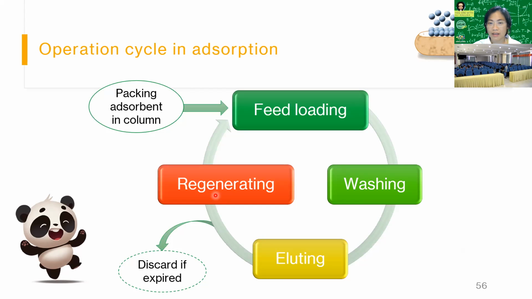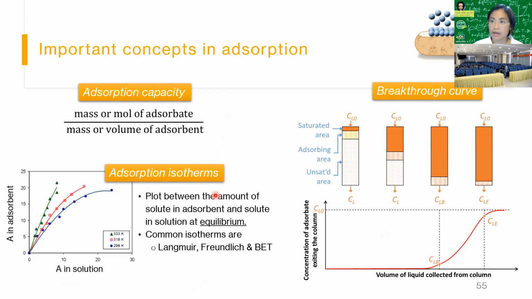throw away your adsorbent. You start throwing away your adsorbent when it doesn't work anymore. Okay, it has a life. But how many times you can use it or when to discard is something that you have to test in the lab at least. What will help a lot is knowing the breakthrough curve.